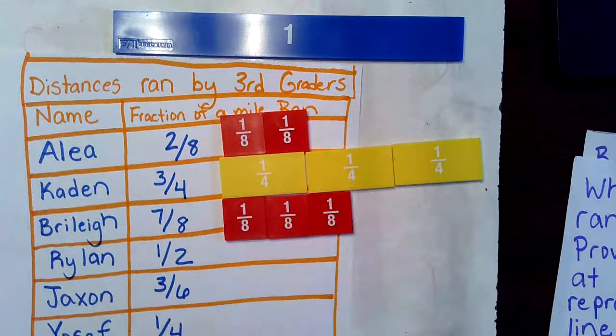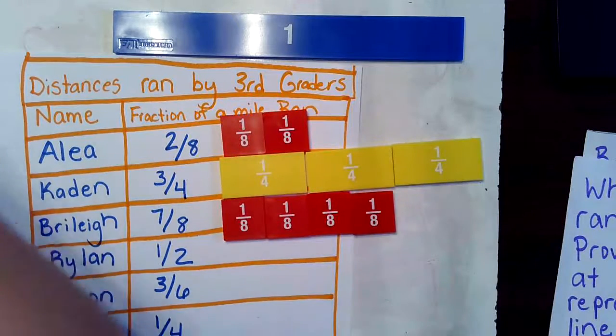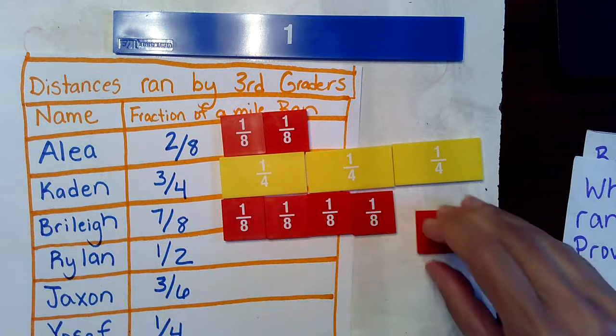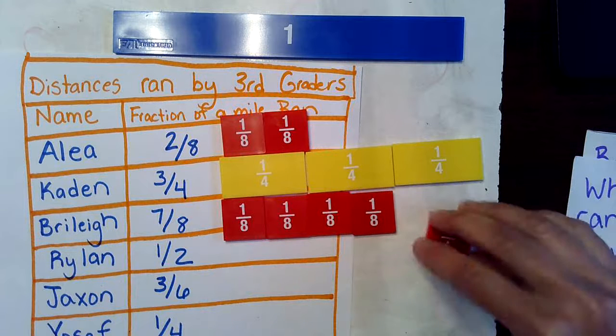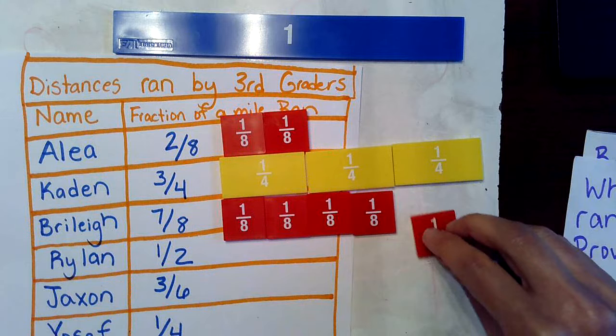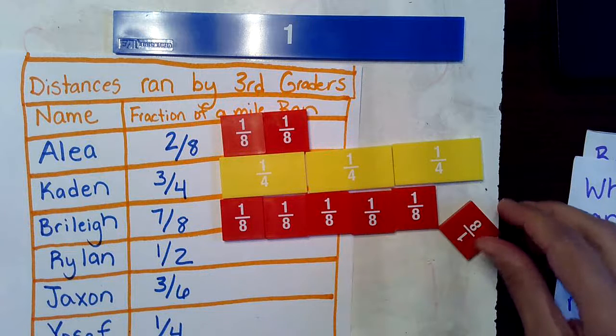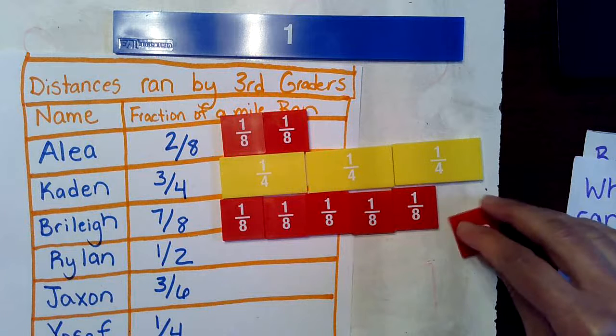So let's check 1, 2, 3, 4, 5, 6. I need one more for Briley. I'm going to move this down a little bit. Move the whole thing here so you can see it. So she was 7/8 of that mile. I'm going to keep my whole up here just for reference so you can see it.